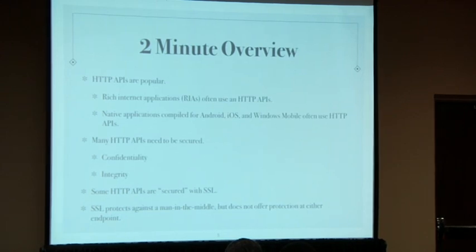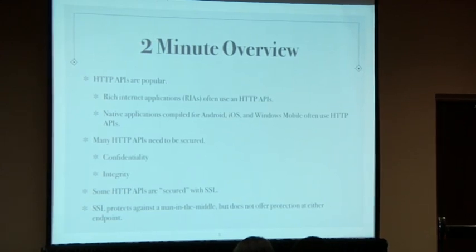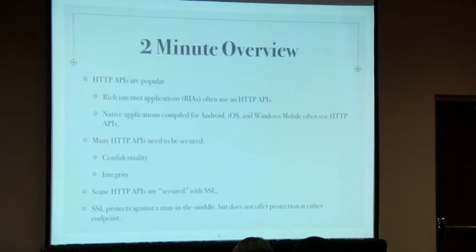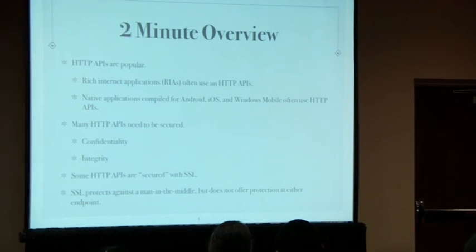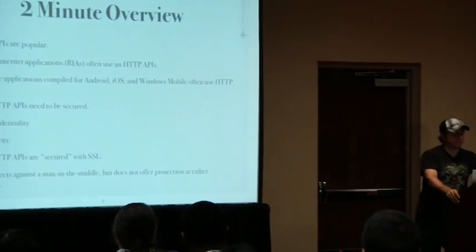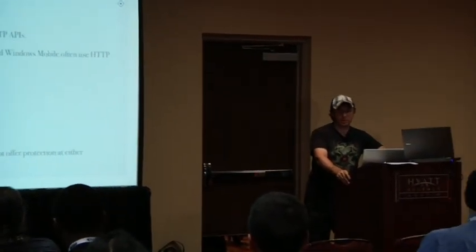So for this talk, we've actually built a mobile game basically that uses an HTTP API, and we were able to do that relatively quickly just because from a development standpoint they're pretty simple, and from a use standpoint also very simple. So lots of HTTP APIs need to be secured for confidentiality of the data as well as integrity of the data, and we're going to get into that a lot more later.